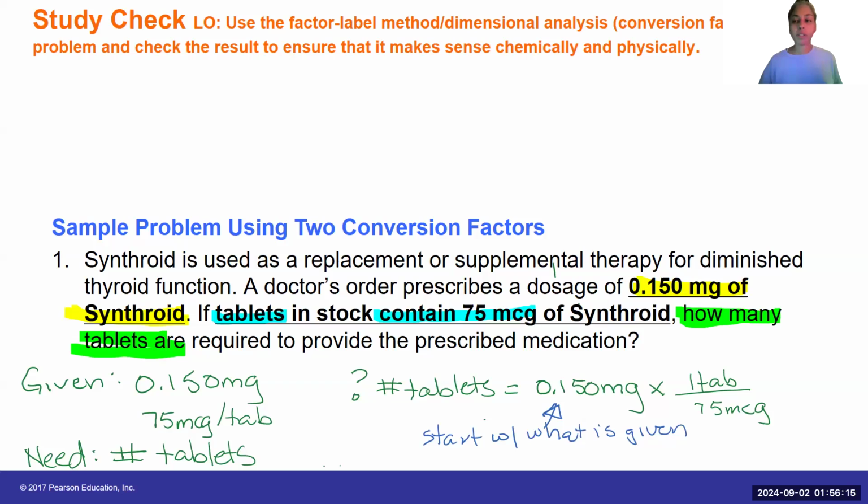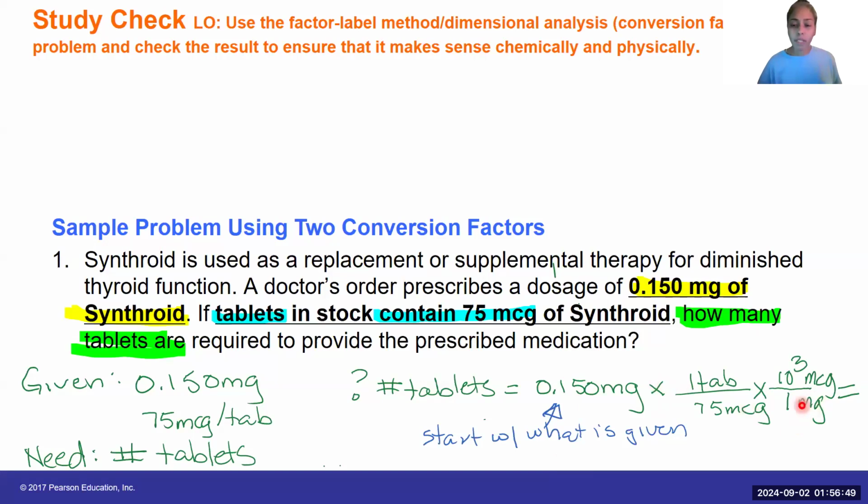However, we have milligrams, but we need to get to micrograms, right? We have our milligrams, we have 1 tablet per 75 micrograms, but when we do this calculation, we don't actually end up canceling out milligrams. So we have to do one more step. We have to include a metric conversion.